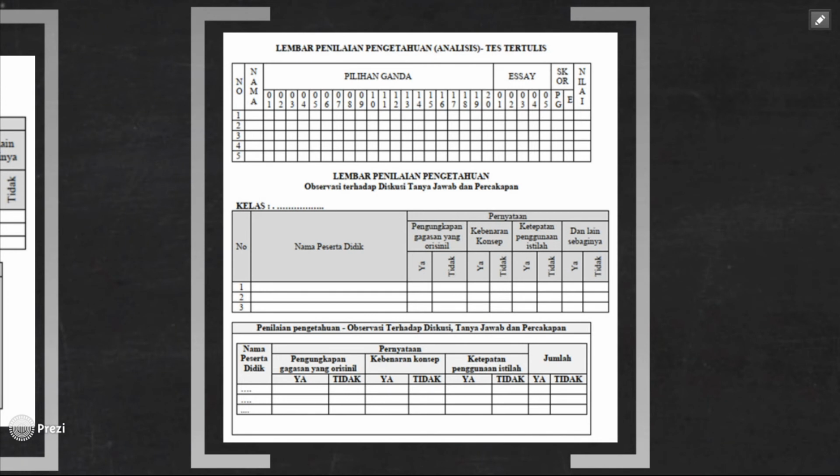And this type of rubric, the rubric of analysis, is doing some analyzing of the student score between the multiple choice score and the writing score, and then we can combine the multiple choice and writing with the observation.